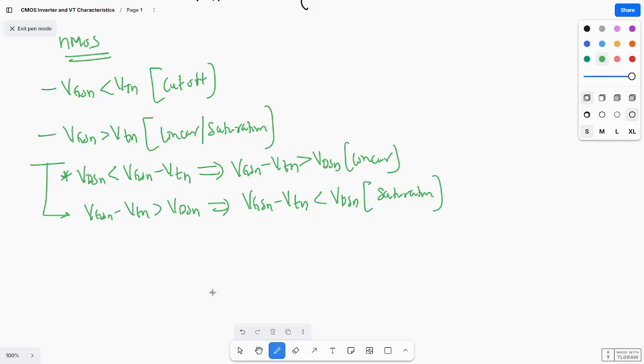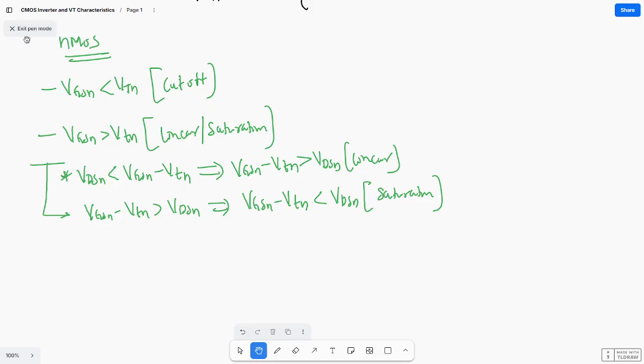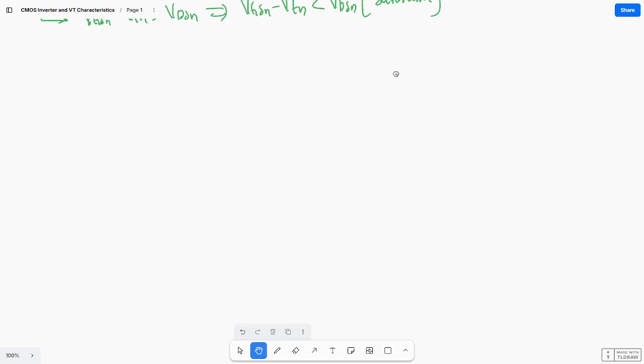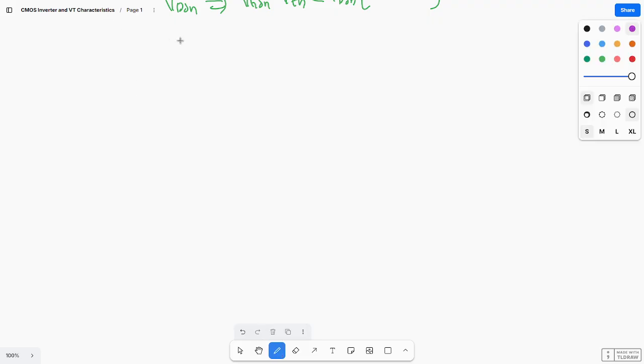Similarly for PMOS, what will you get if you write it? Just reverse, no. For PMOS we are applying negative voltage with respect to NMOS, which has positive voltage. So just reverse.